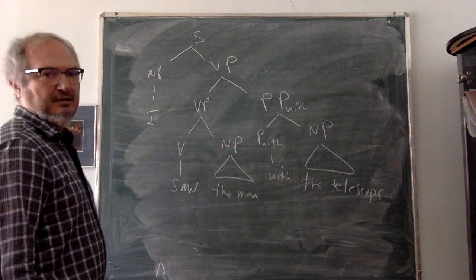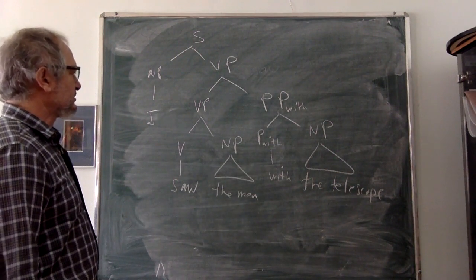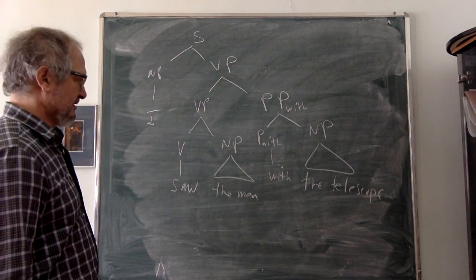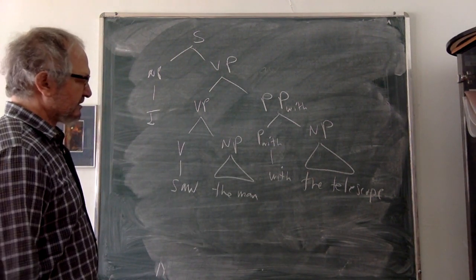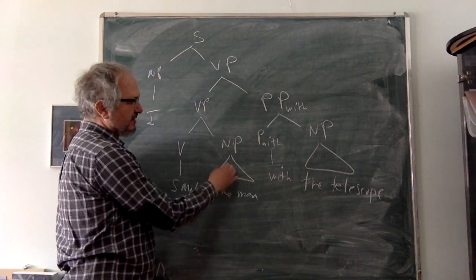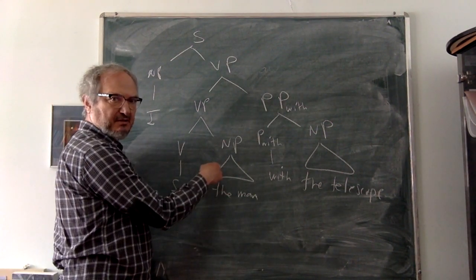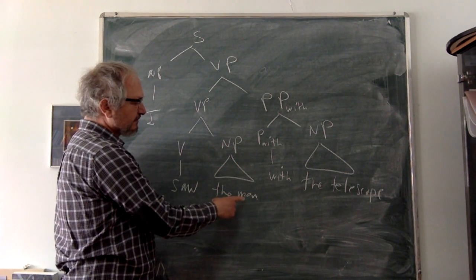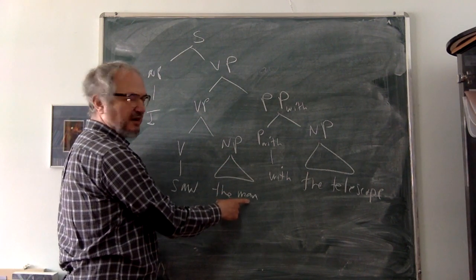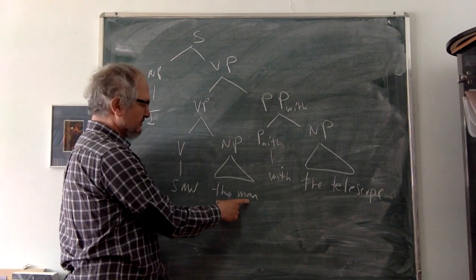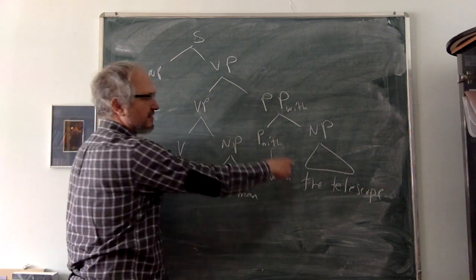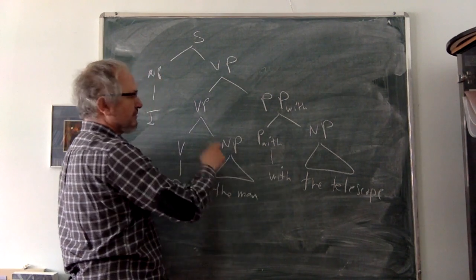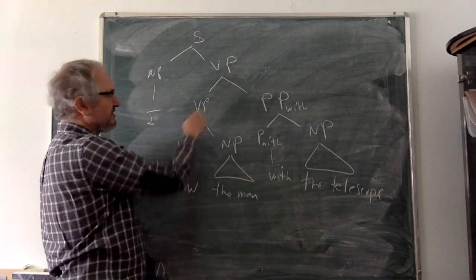Okay. So this interpretation is where I do the seeing with the telescope. Look, domain is not modified by a PP. So domain doesn't have the telescope. Seeing is done with the telescope, because with the telescope is modifying seeing.